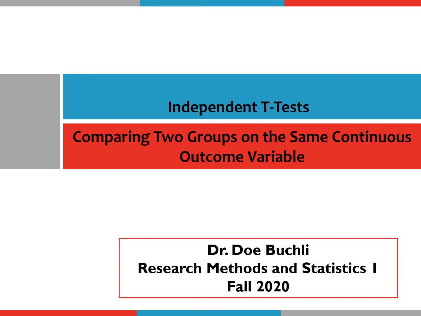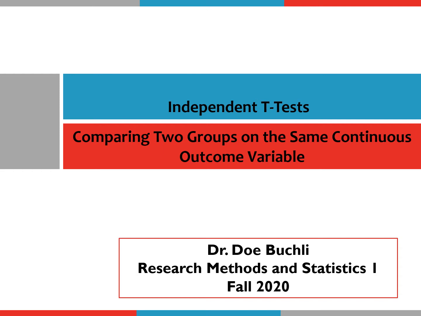This video is going to begin Module 11, and it's kind of exciting because Module 11 is our final module. So we're going to be talking about our last two statistical tests that you are going to learn about in this course.